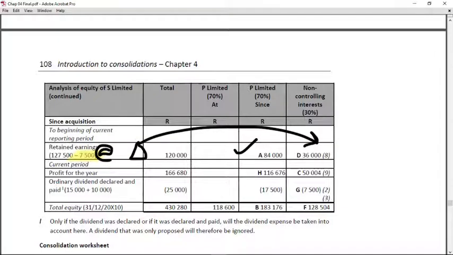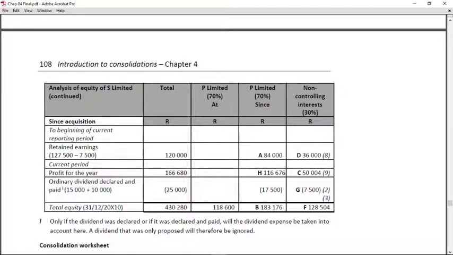So everything that is attributable to the owners of the parent will be added to those columns in the consolidated statement of changes in equity, and everything that you've attributed to NCI will be added to their column in the consolidated statement of changes in equity. Please also refer back to the analysis of equity assignment where I have indicated this interaction between the analysis and the statement of changes in equity in a lot of detail.